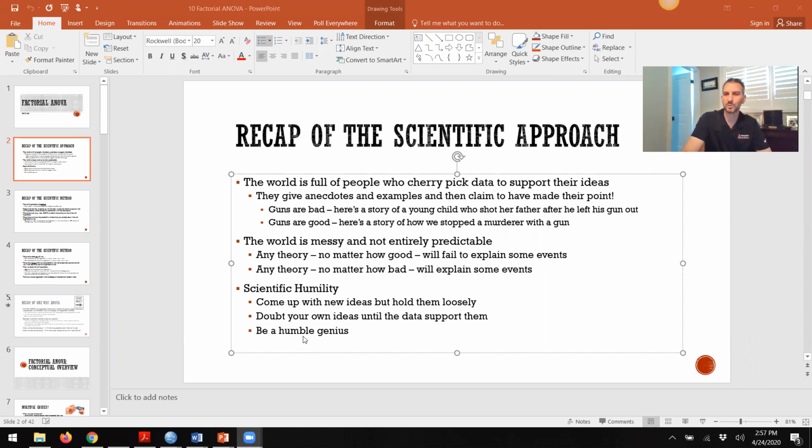I've had some students write this on their final exam, be a humble genius. It's actually meant as a joke. You know, I don't think it's helpful to call yourself a genius, even if you are. But just this idea that even if you are a genius, you actually shouldn't assume you're right, because even geniuses are wrong quite a lot when they're thinking about new ideas.